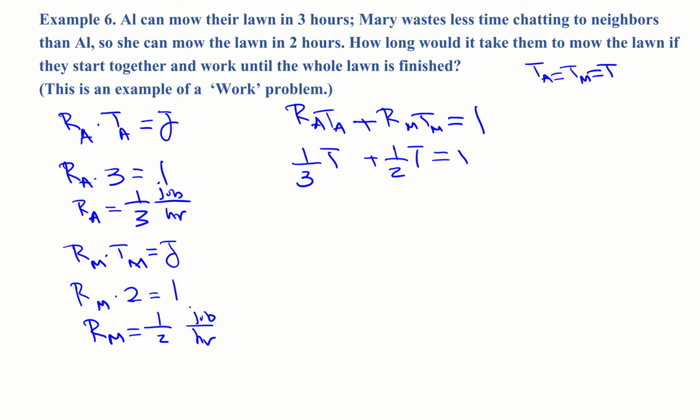Now all you have to do is solve that simple equation. So we're going to go ahead and find the LCD, which is 6, and we're going to multiply that on both sides. So we get 6 times 1/3 T plus 6 times... remember we have to distribute on the left side, so each of those terms is going to get hit by 6.